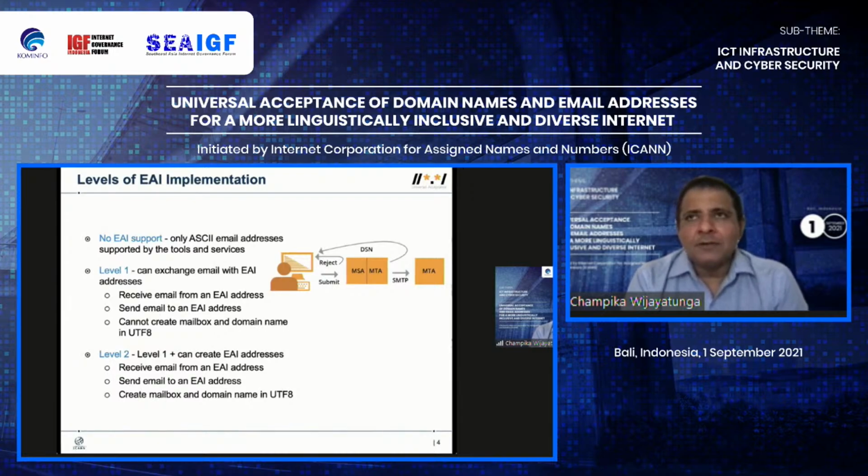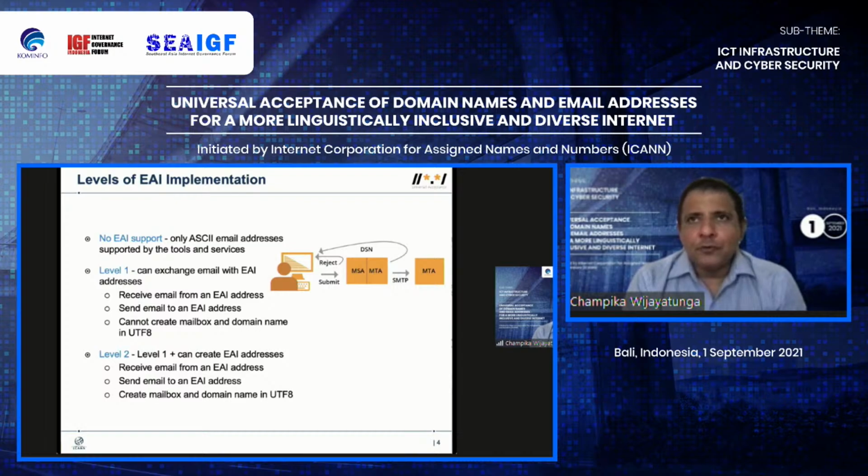So those ones we can put into two different levels. One is called level 1, where we can send an email to an EAI-based email ID, and also we can receive a response from an EAI address as well. So if we can send and receive to and from an EAI-based email ID, we can say that we have level 1 support. But that does not include creating mailboxes.